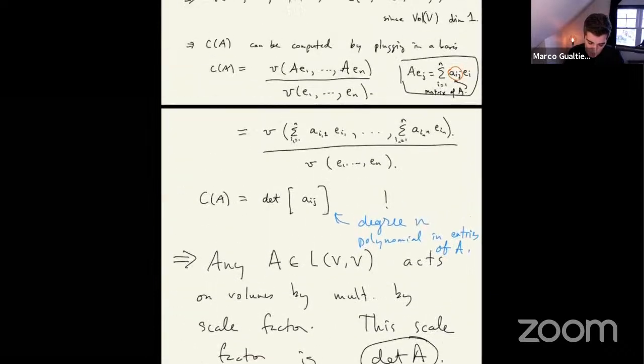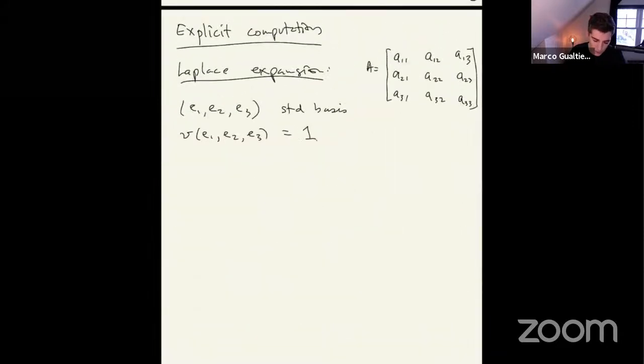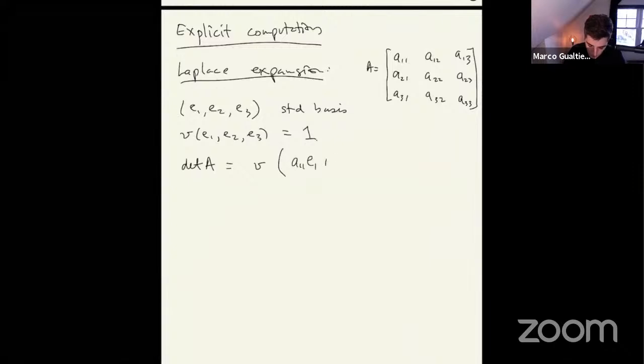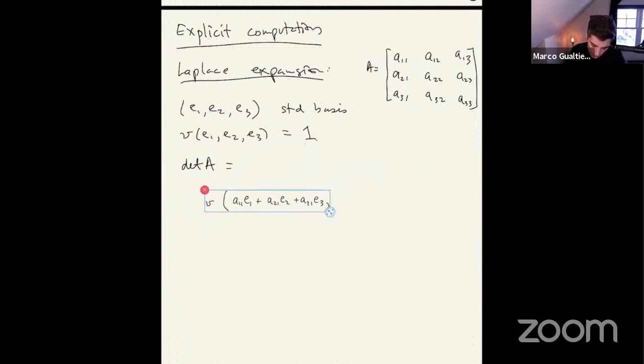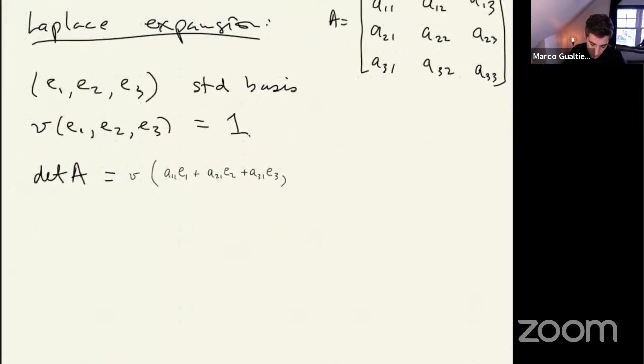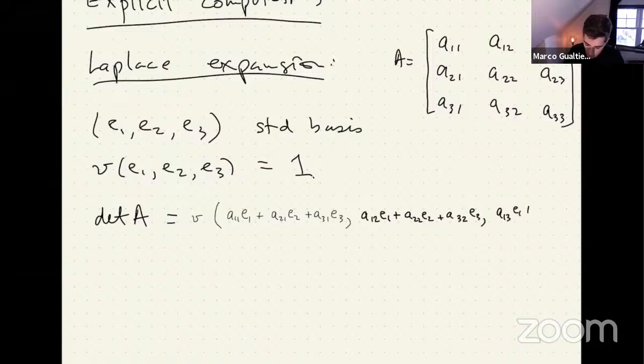So the determinant of A is just the volume of A11 E1 plus A21 E2 plus A31 E3 in the first entry, and in the second entry we put A12 E1 plus A22 E2 plus A32 E3, and then in the last entry A13 E1 plus A23 E2 plus A33 E3.